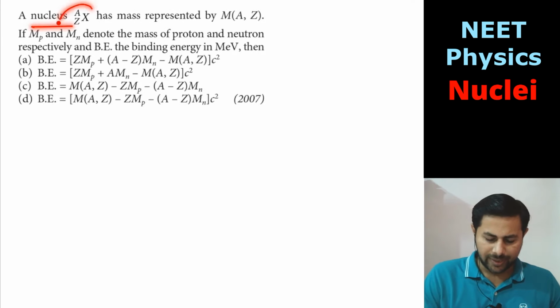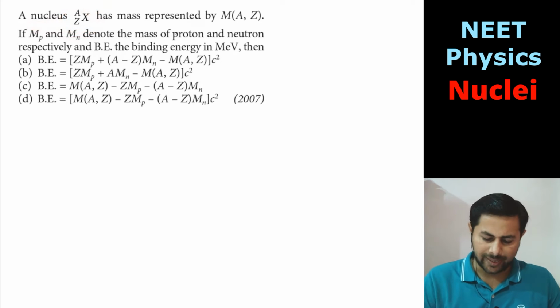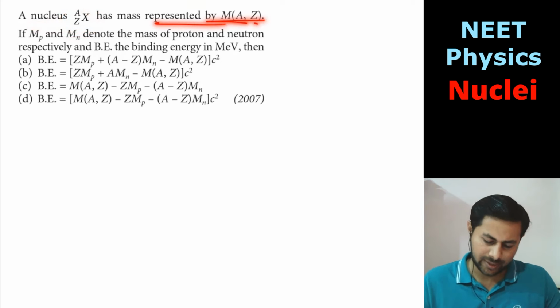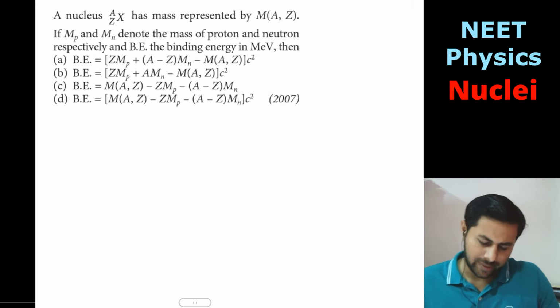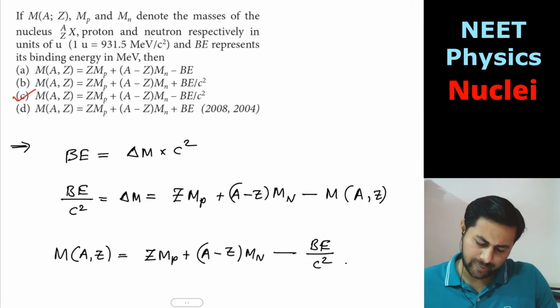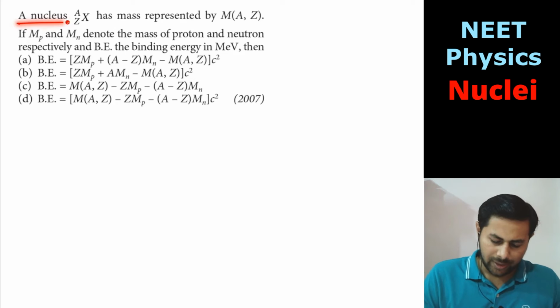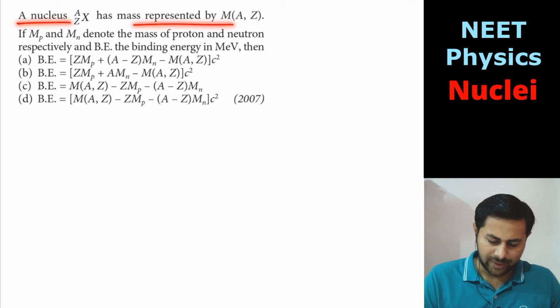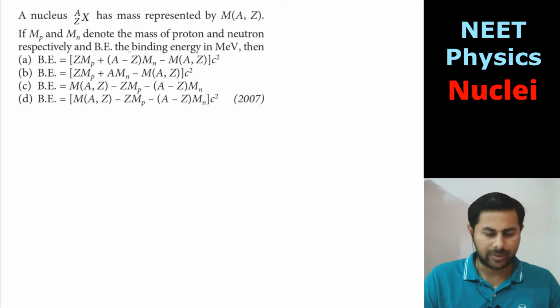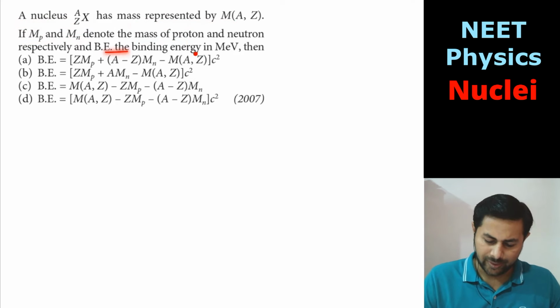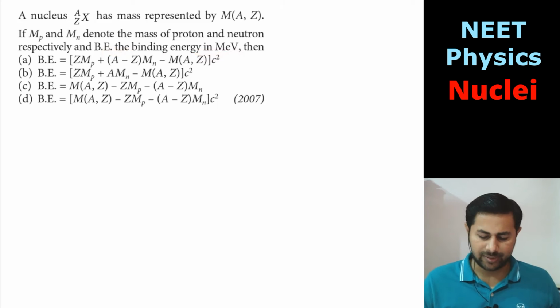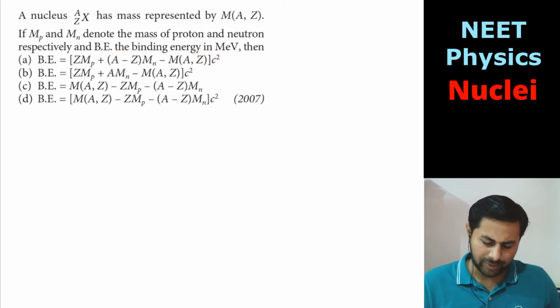A nucleus has mass represented by this thing. Is it repeated? No, it seems different. If Mp and Mn denote the mass of proton and neutron respectively, and B is binding energy in mega electron volt, which one is correct?